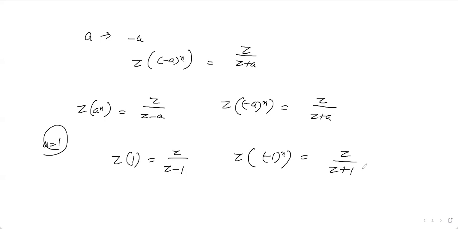Suppose we have a constant alpha here. So for any constant alpha, this will be alpha of Z of 1, or we can have the solution alpha multiplied by z by z minus 1. So we got this result.